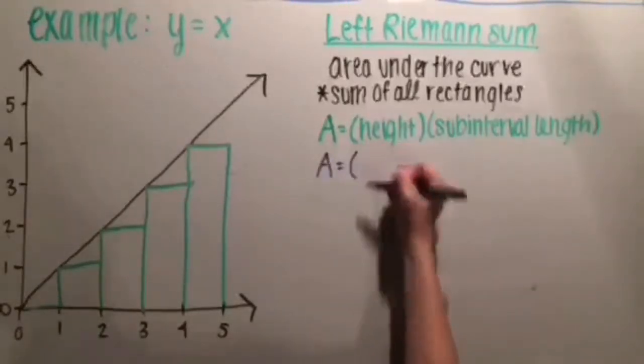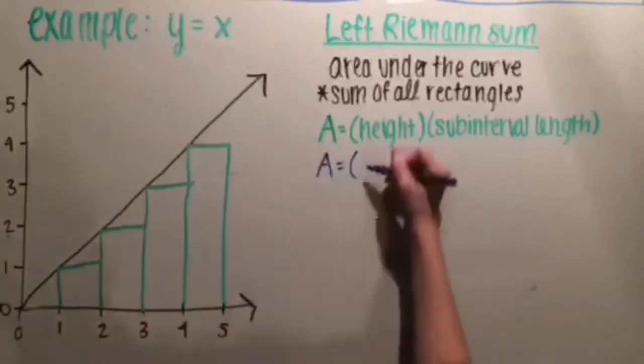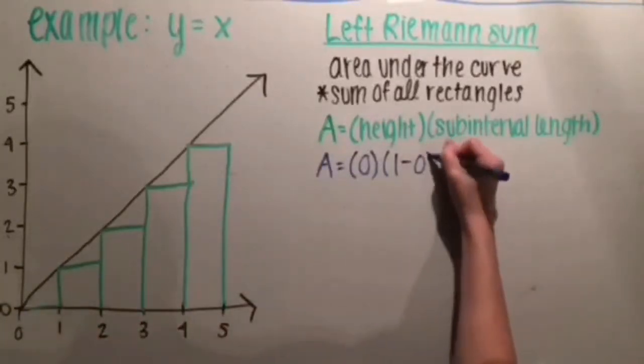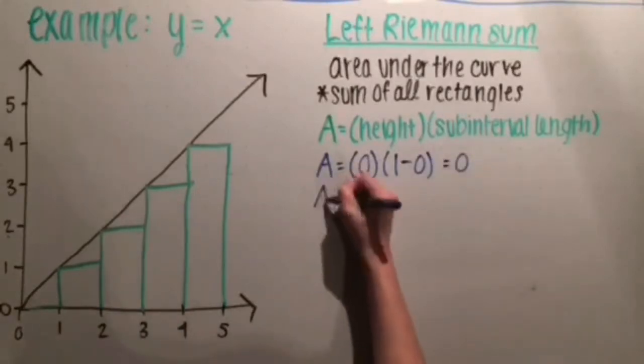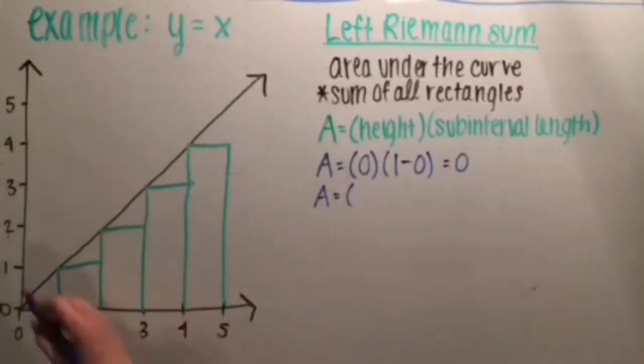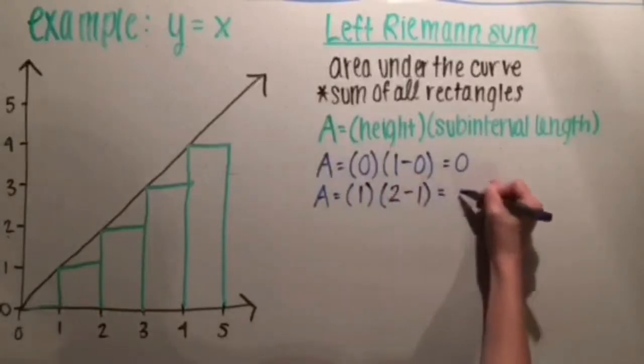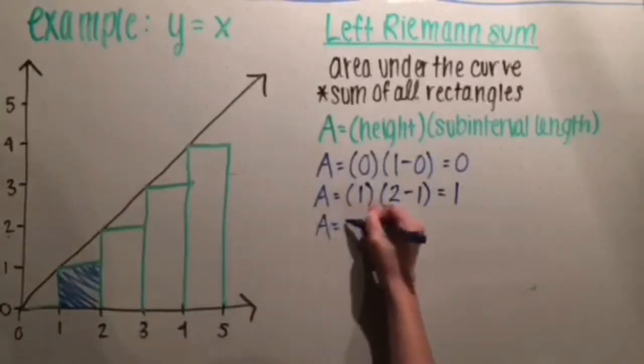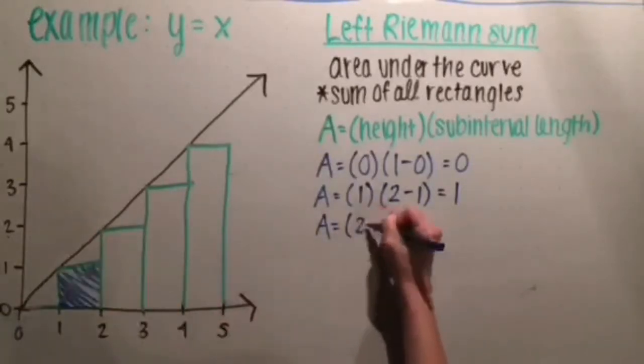So, our first area is just going to be the height, in this case 0, multiplied by the subinterval length, which in this case is 1. So 0 multiplied by 1 is just going to be 0. And that is going to be our first, although non-existent, rectangle in our left Riemann sum.